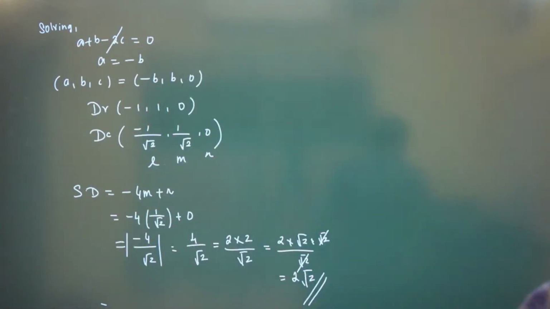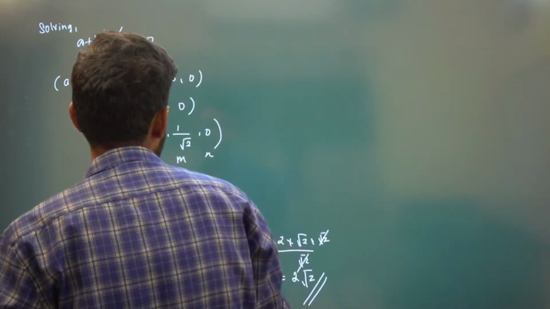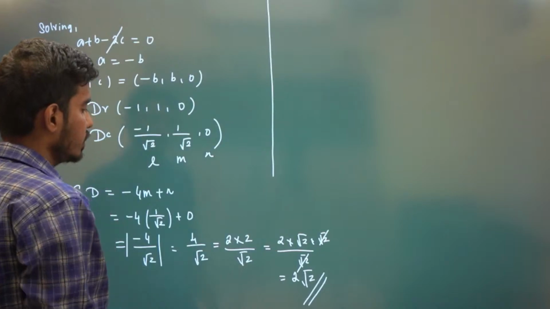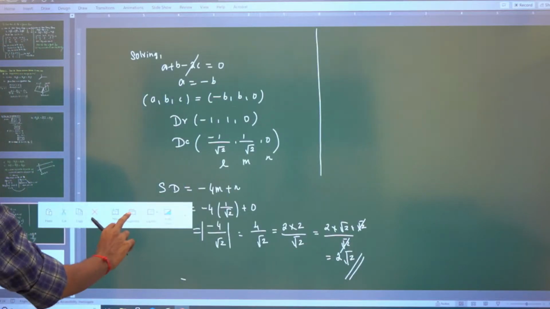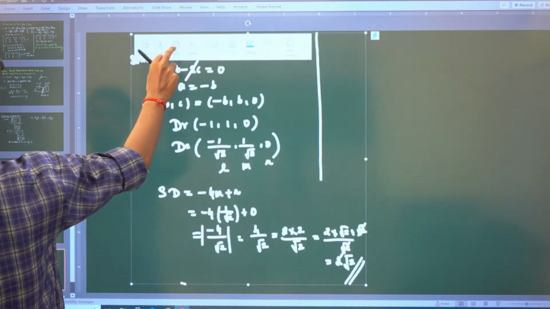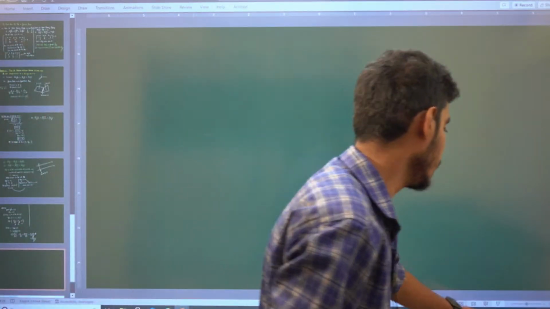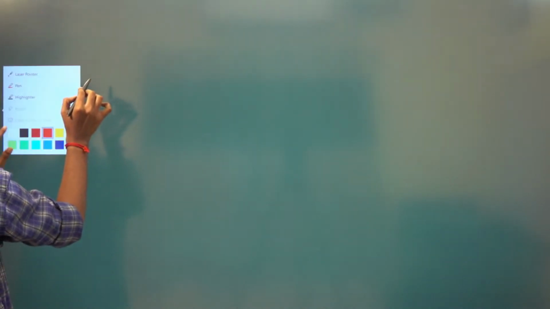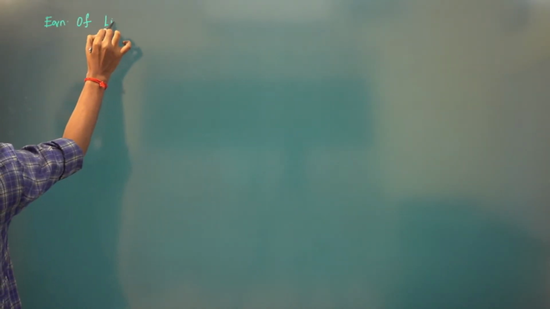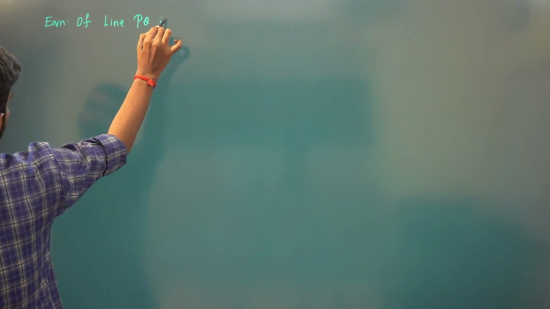And similarly, find the equation of plane passing through PQ and L2. Do you want to find that? Okay, let us find that. Let us find the equation of line PQ so that you will have more clarity. Here they haven't asked you to find the equation of line, but you will find the equation of line PQ in general form.